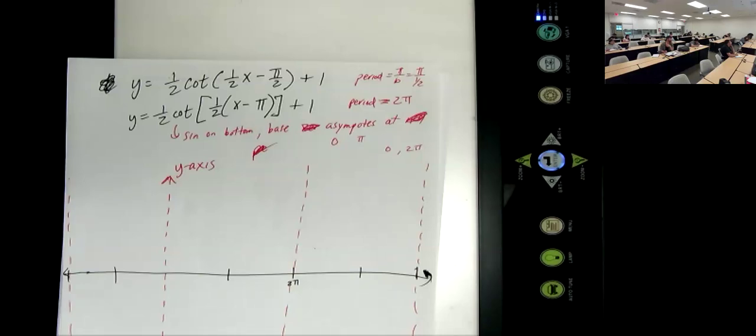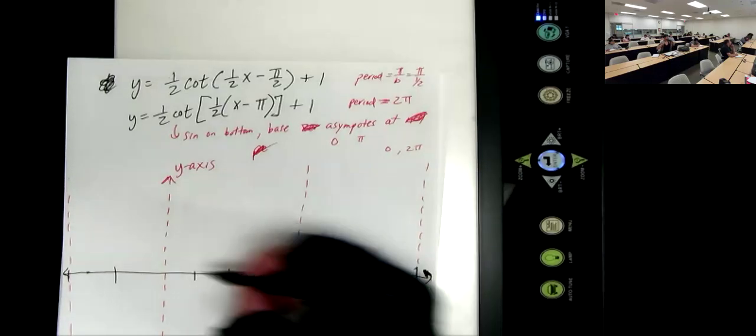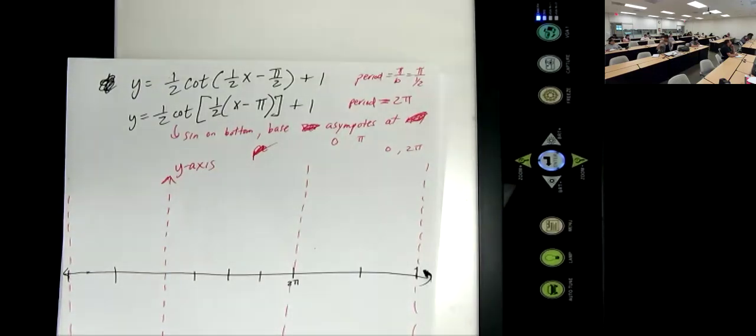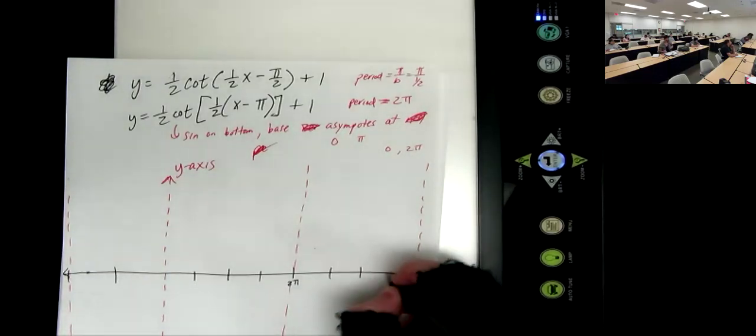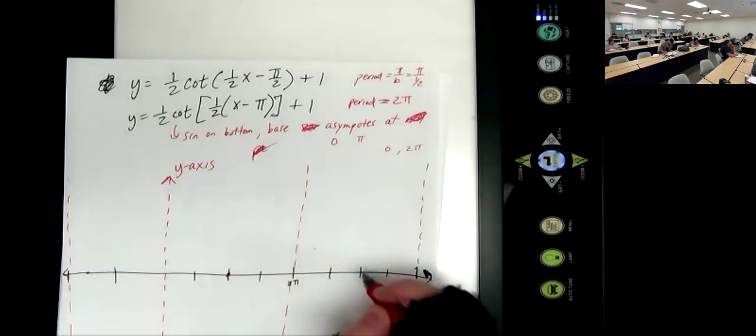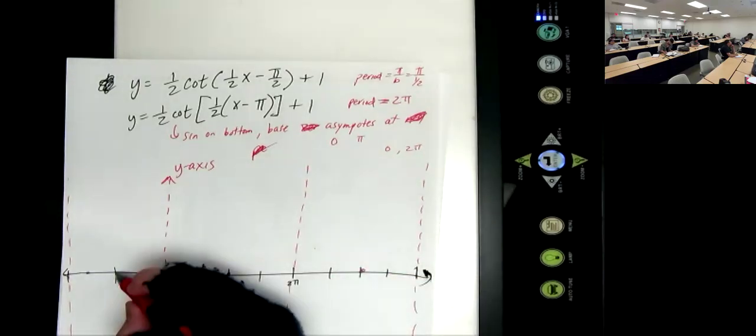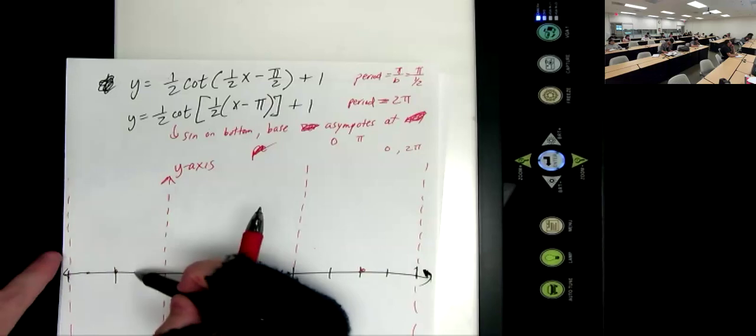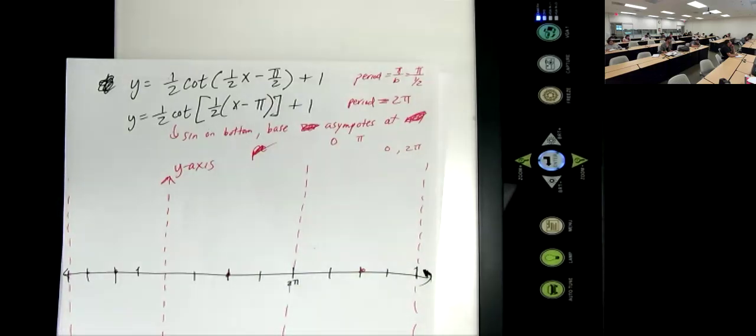Both tangent and cotangent have 3 points between the asymptotes, so I'm putting 3 lines between the asymptotes. The middle one is a 0, for both tangent and cotangent, the middle of the 3 flat slashes is 0.